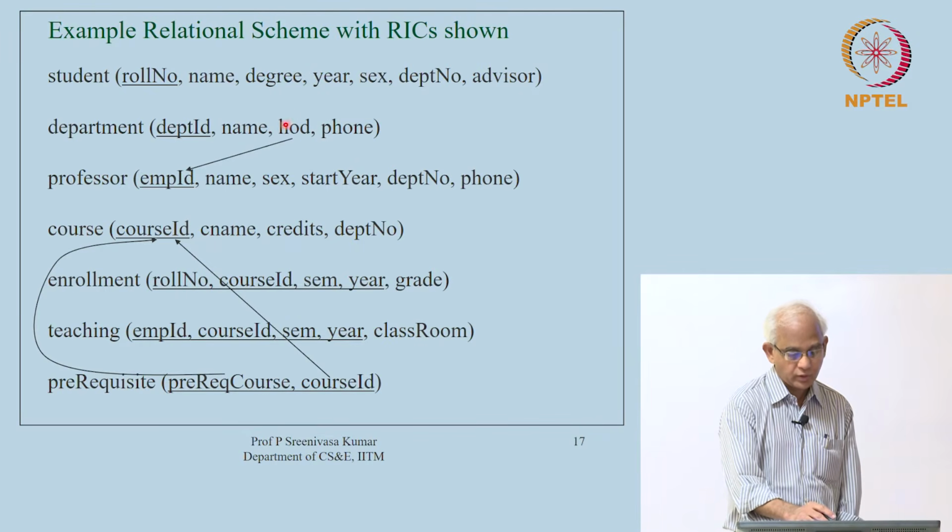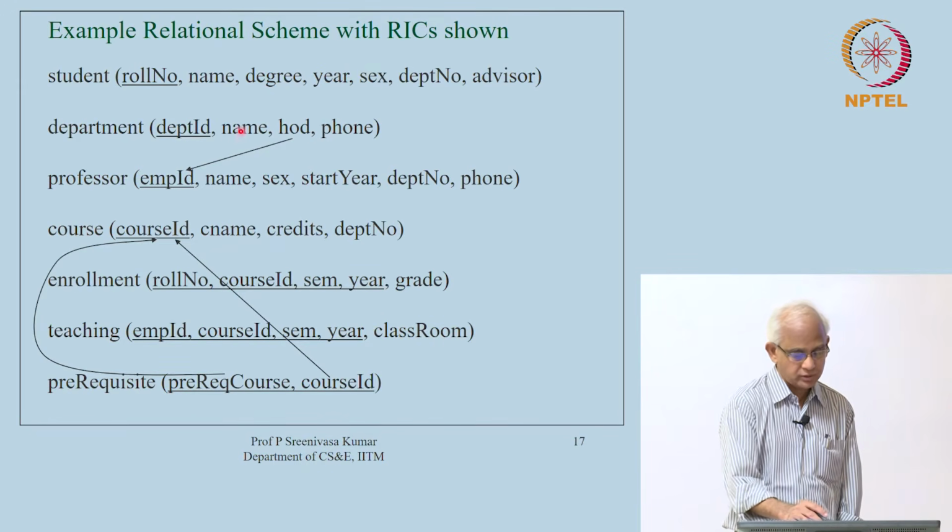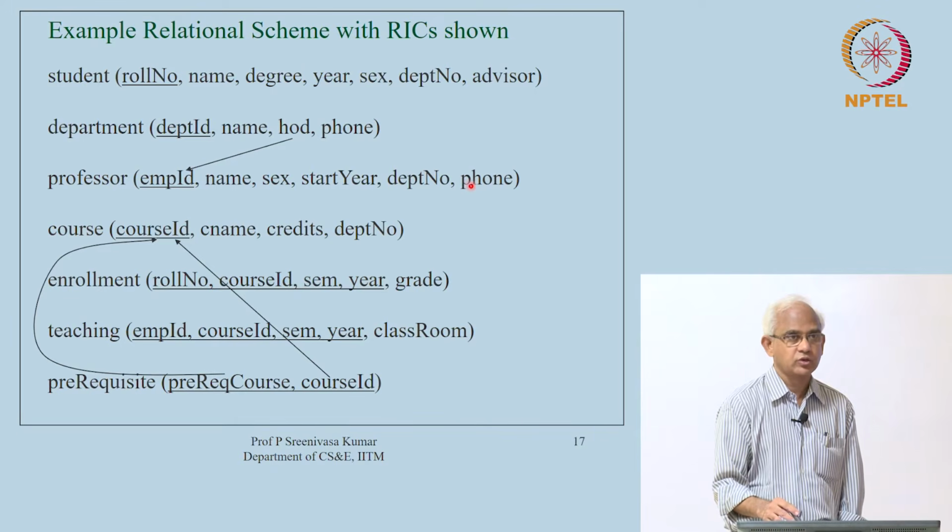So, for example, HOD is a foreign key in this department relation scheme, and it refers to the employee ID of the professor. So, one of the professors is the HOD, and so you have the employee ID of that particular person sitting here. That can be used to refer to the actual professor who is the HOD for that particular department.